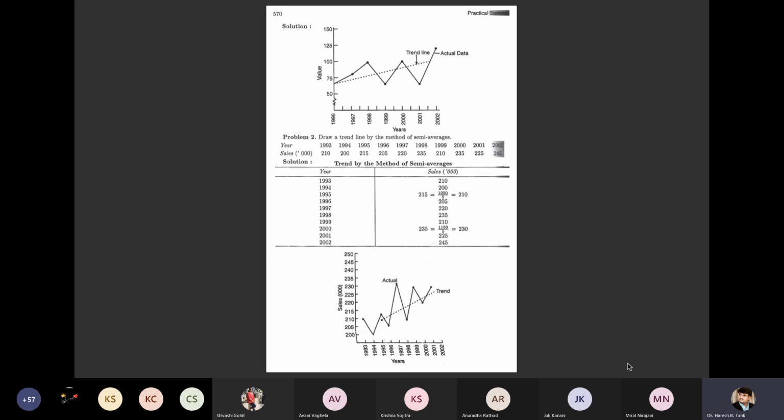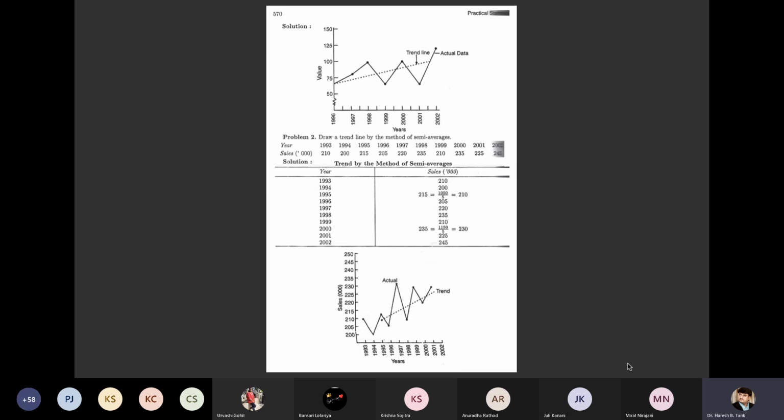So you have to draw a line where you feel that 50% of the area goes upwards and 50% goes downwards, and the line is exactly in between these two. The line shown as a dotted line is called a trend line.